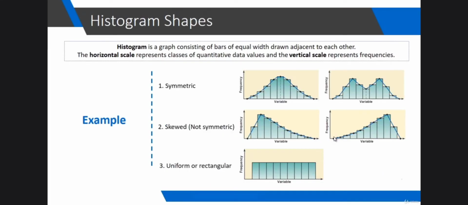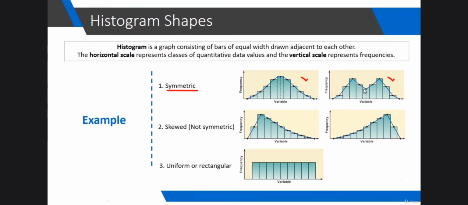Next, we look at some common shapes of histograms. There are three properties here. One is symmetricity, second is skewness, and third is uniformity. A symmetric variable distribution is the same about the center. You can say that left is the mirror image of the right.